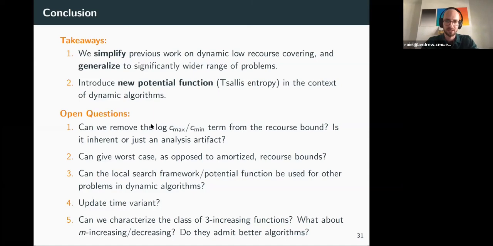This ICALP paper, I'm forgetting the name of it, but people have studied adjacent problems, but they're not exactly the same as this problem. Does that answer your question?